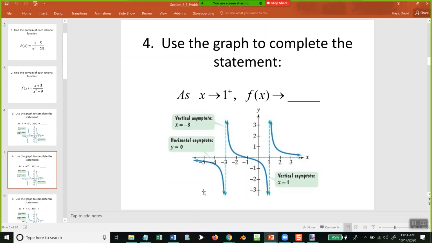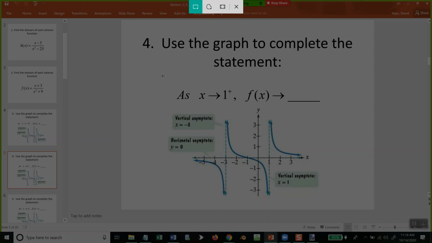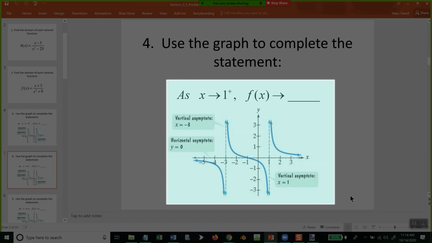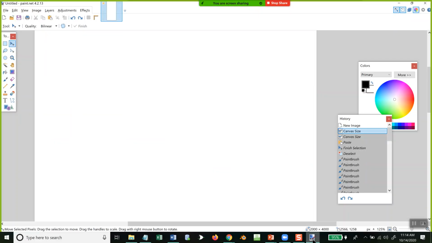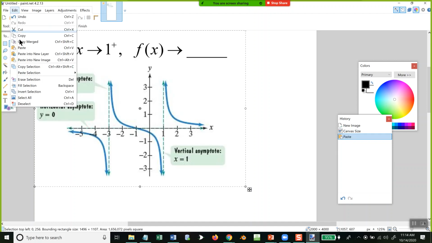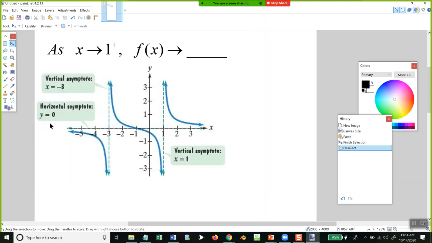Our next problem. Okay, so this is saying as x approaches 1 from the right-hand side. So here's x equals 1.